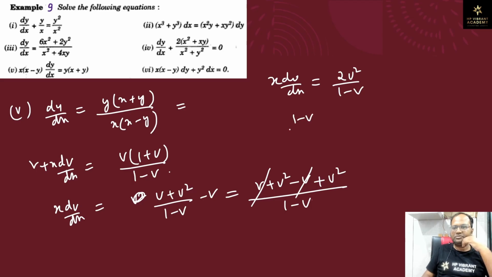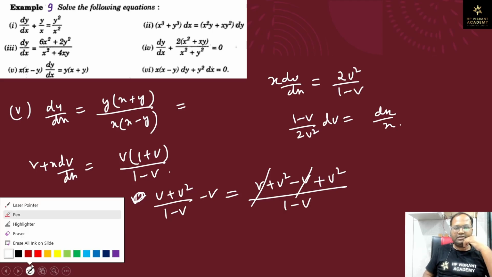So from here 1 minus v upon 2v square dv is equal to dx upon x. Let us further simplify this.